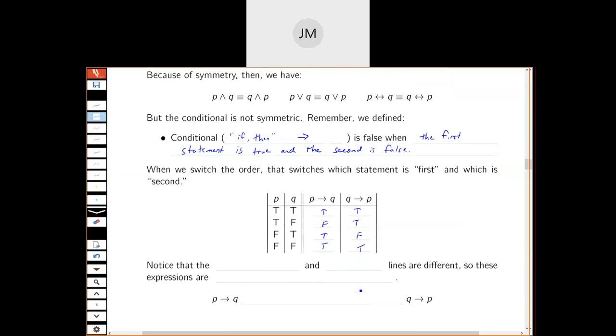So we notice here in the truth tables that the second and third rows are different. So these expressions are not equivalent. So we could say if P then Q is not equivalent to if Q then P.